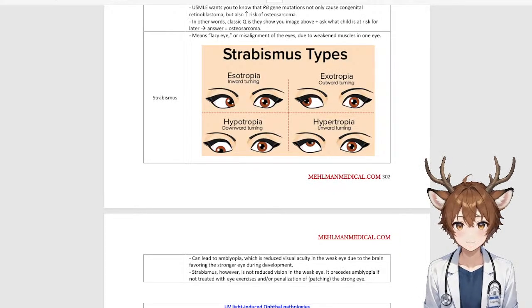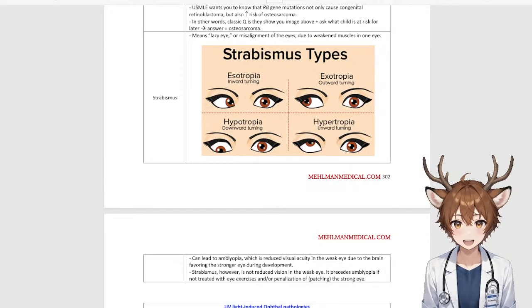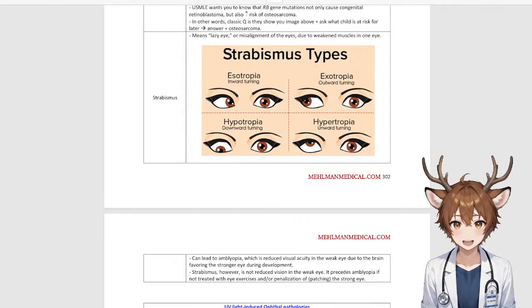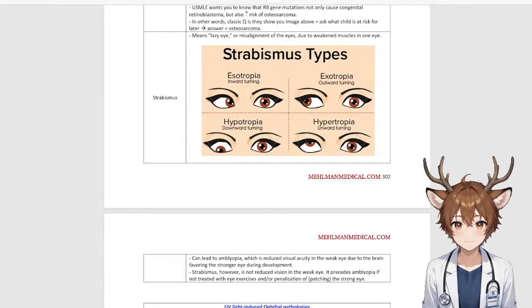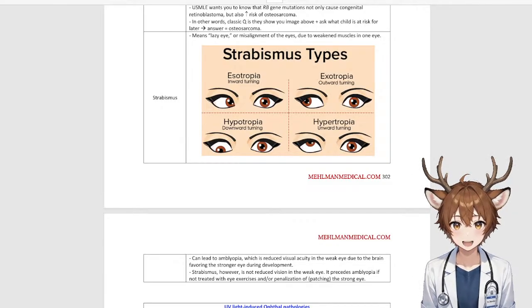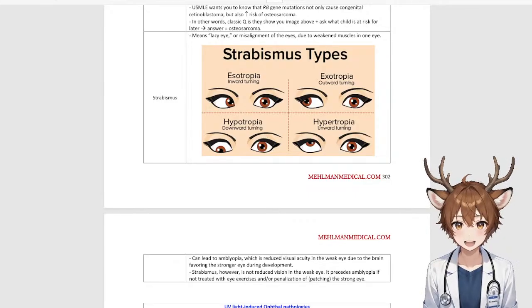Strabismus right here means a lazy eye or misalignment of the eyes due to weakened muscle in one eye. So you have esotropia, inward turning eye, eso, inward. Exotropia, turning outward, exo, outward, external, right? Hypotropia, the eye is downward turning, hypo, below.